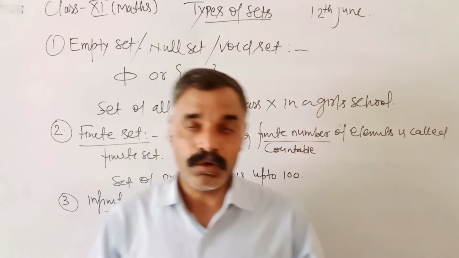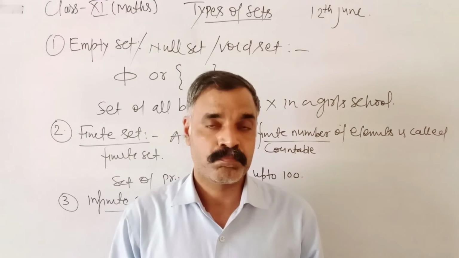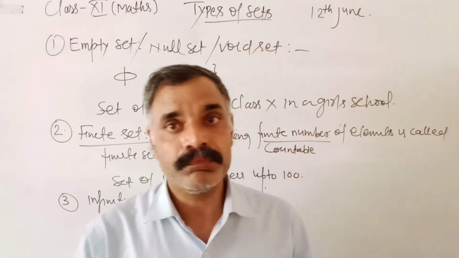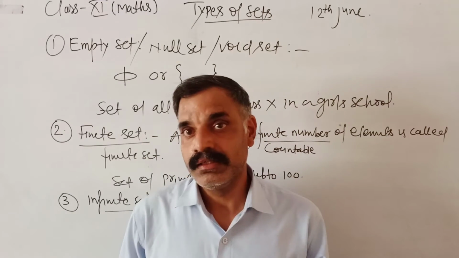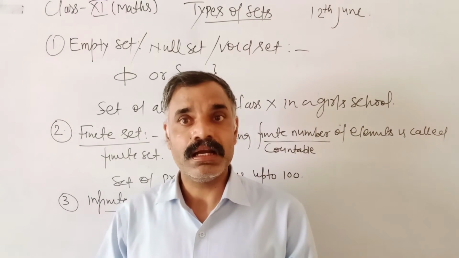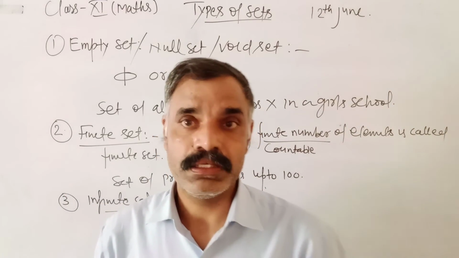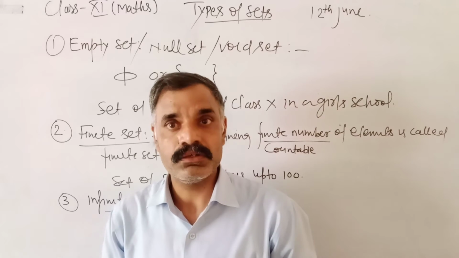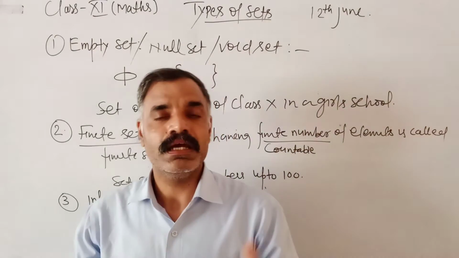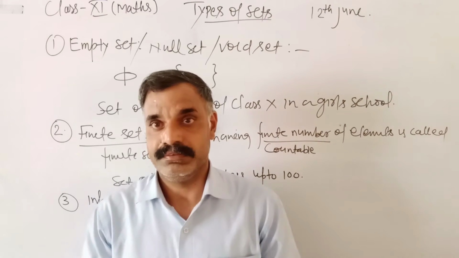An example of this infinite set is the set of natural numbers up to infinity, the set of whole numbers up to infinity, the set of integers up to infinity. So there are a lot of examples. Set of stars is also an example of an infinite set.